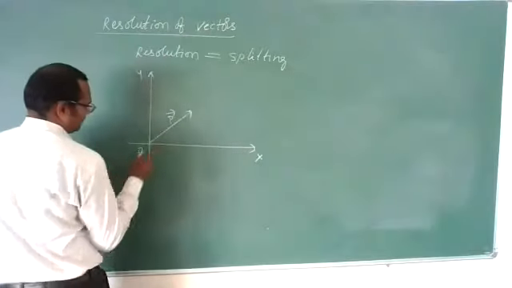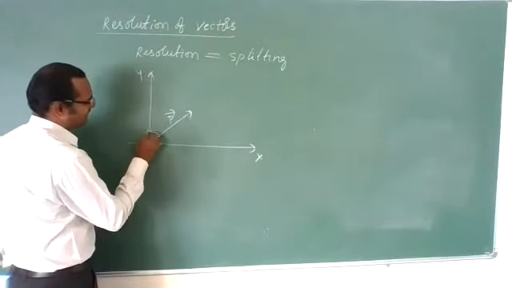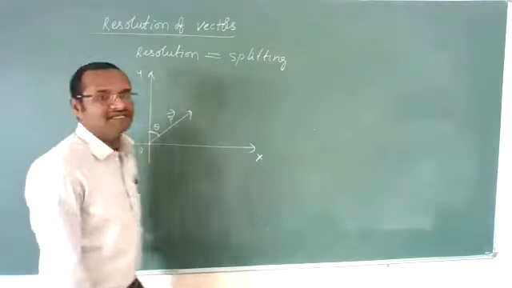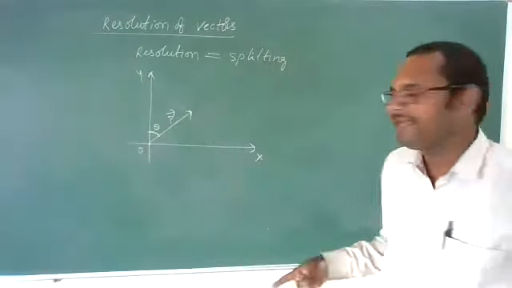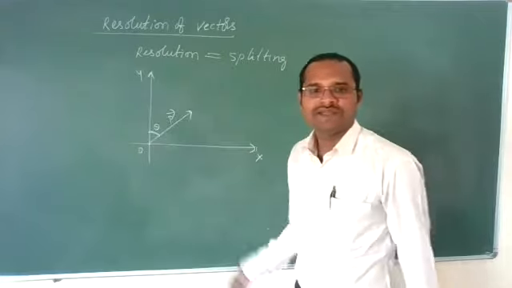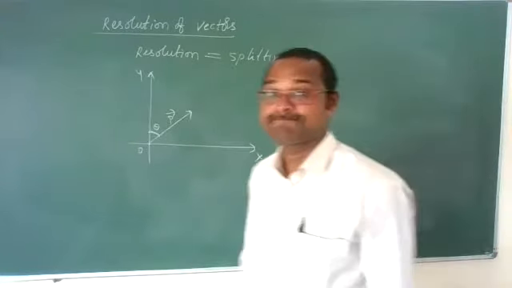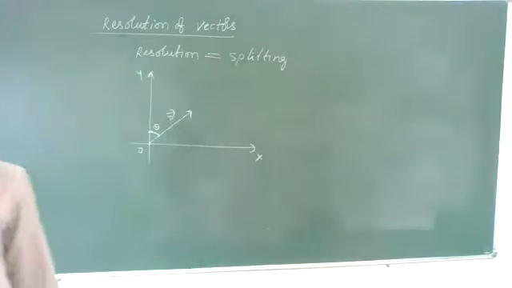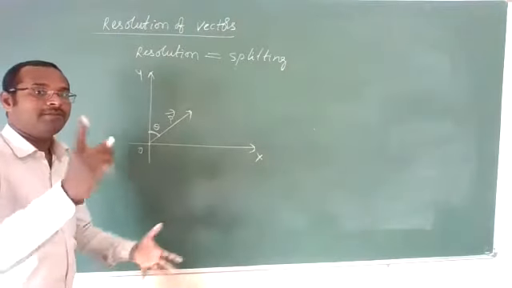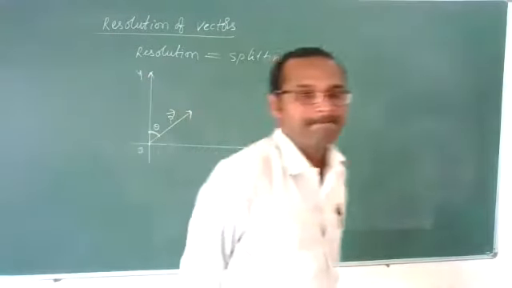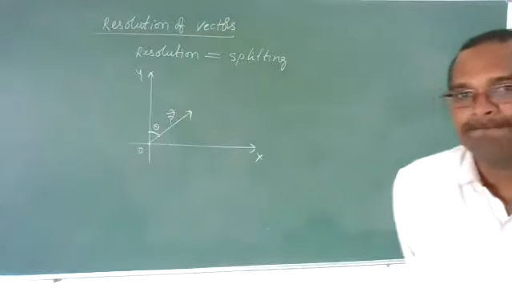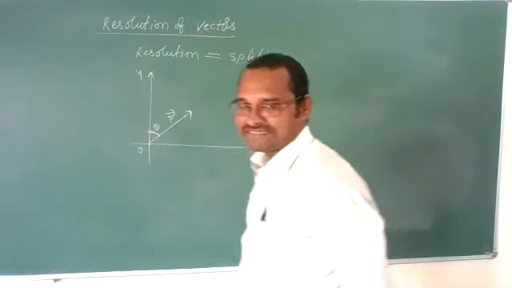Now, angle theta they give here. Till now I have taken theta angle with the x axis. Now the angle theta they will give with the y axis. Now they will ask, write the x and y component form. What will be your answer?